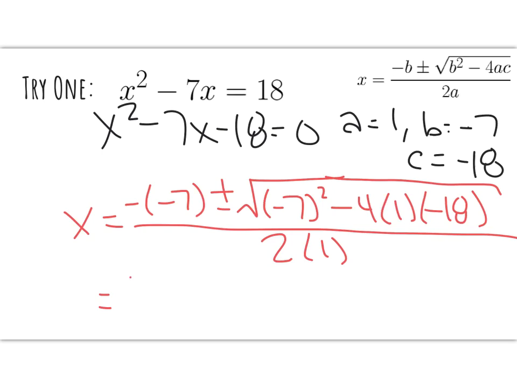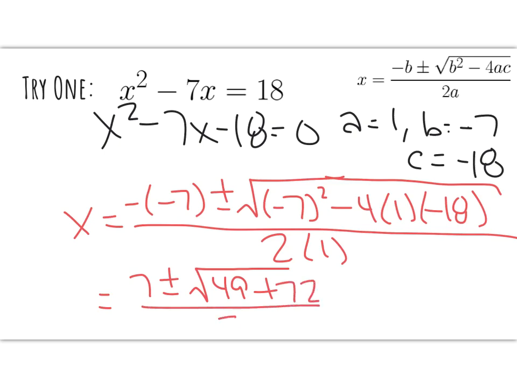Negative of negative 7 is positive 7, so we have positive 7 plus or minus 49. Minus a negative means we're adding, so we're going to add something. 4 times 1 is 4 times 18 makes 72. And we have 7 plus or minus the square root of 49 plus 72, that's one big radical, all over 2.